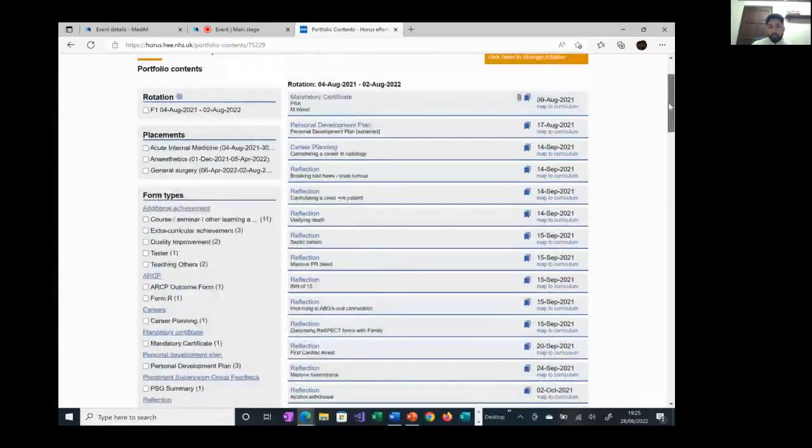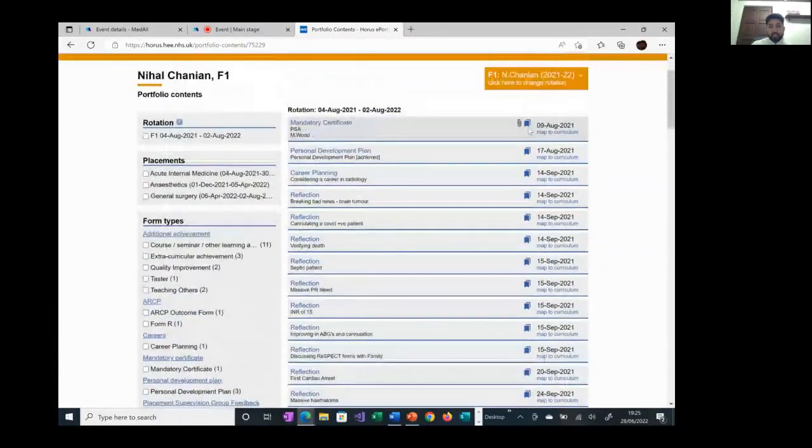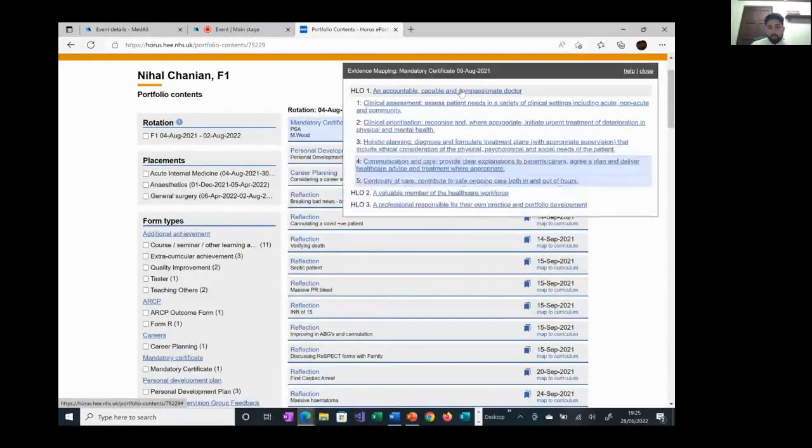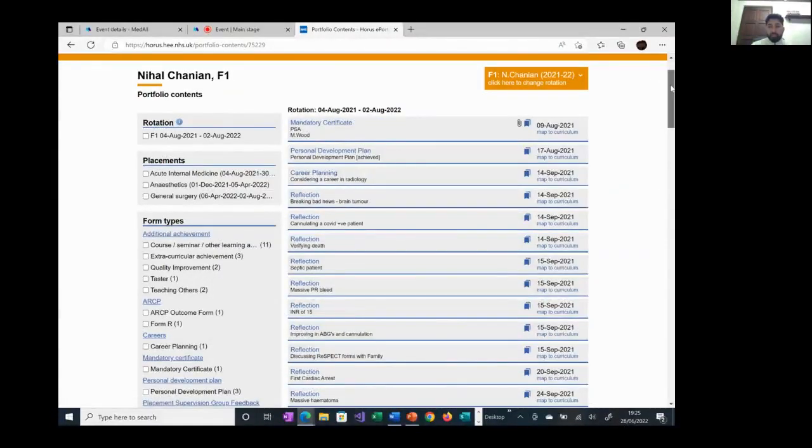So if we go to the top, my PSA, mandatory certificate, I have mapped it to the curriculum. Which part have I mapped it to? I think here. Communication and care, provide clear explanations to patients, deliver healthcare advice and treatment where appropriate. Continuity of care, contribute to safe ongoing care both in and out of hours. And I'll show you why I've mapped it to those sections a bit later on.